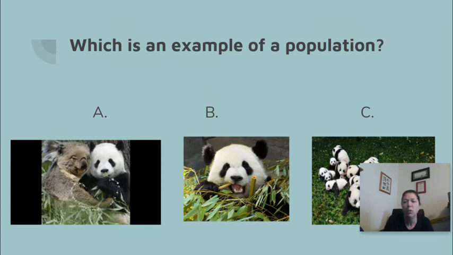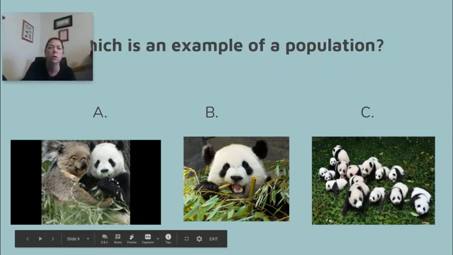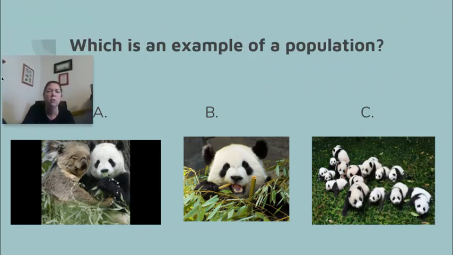Practice question. If you want to pause and check your understanding, you sure can. The question says, which of these is an example of a population? 3, 2, 1. Let's see how you did in your thinking.